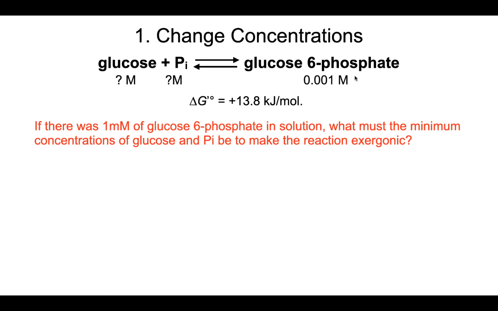What we're given is that the standard delta G is positive 13.8 kilojoules per mole. With that information, let's solve this problem. I would recommend that you pause here and try to solve the problem on your own, and then listen to my solution on the next slide.